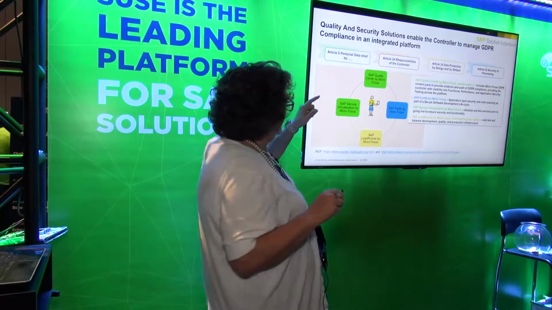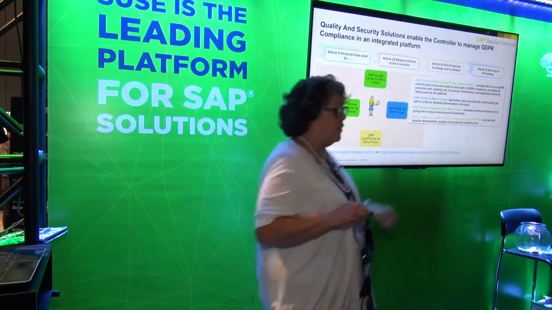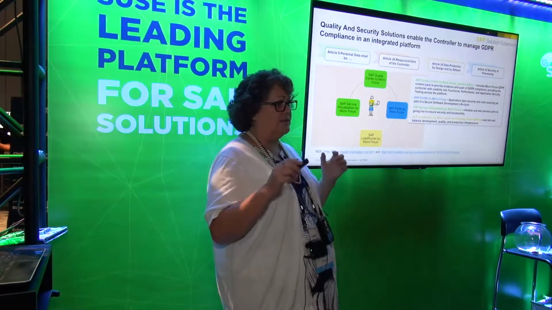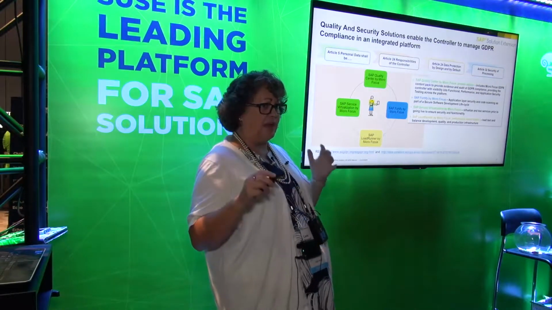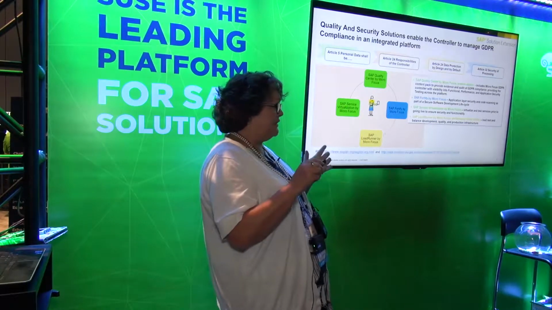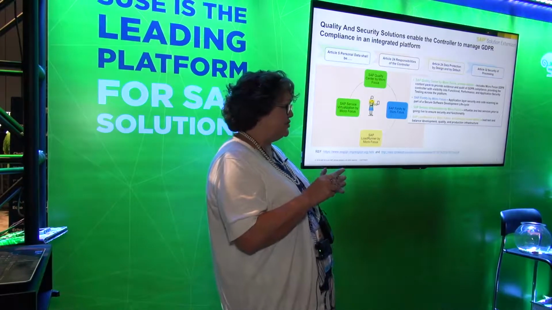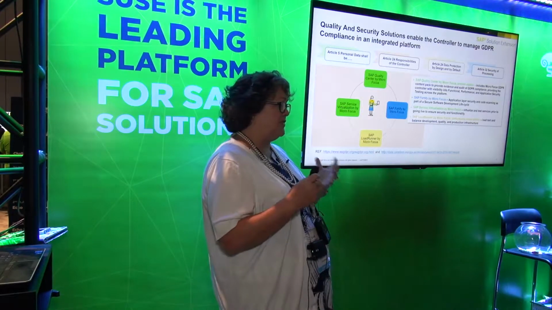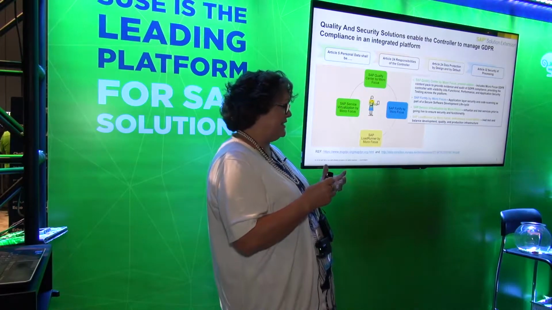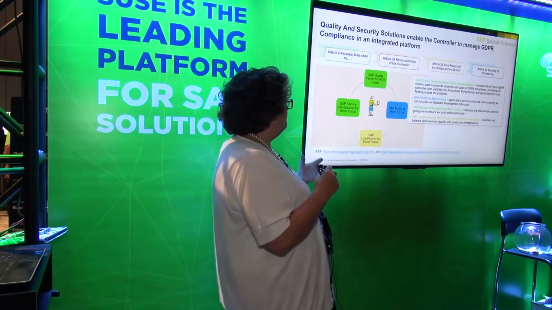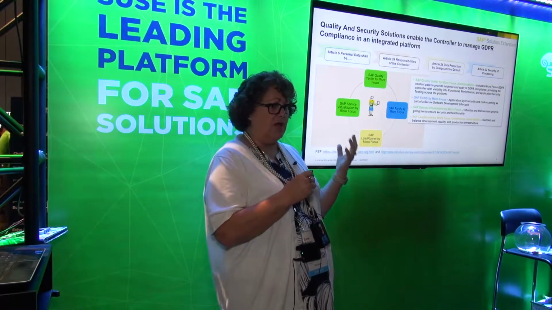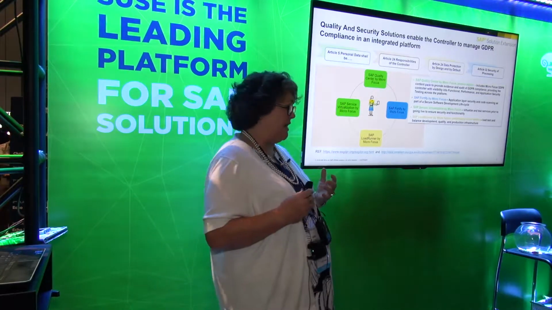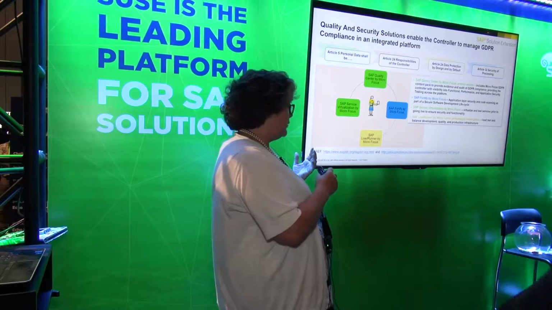So if you look up under Article 24, data protection by design and by default. So if your current software development lifecycle does not include a check for software security vulnerabilities during design, that should be a hot button for you. So you need to start thinking about how are you going to build that into your SDLC and provide that reporting back to the controller so that they can meet Article 24, because now it has to be built in as part of the design, which means from a testing perspective, right?